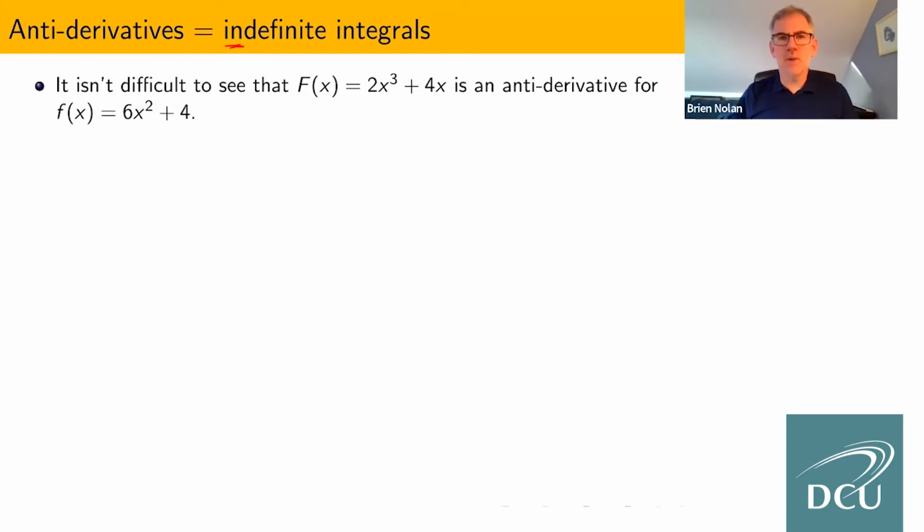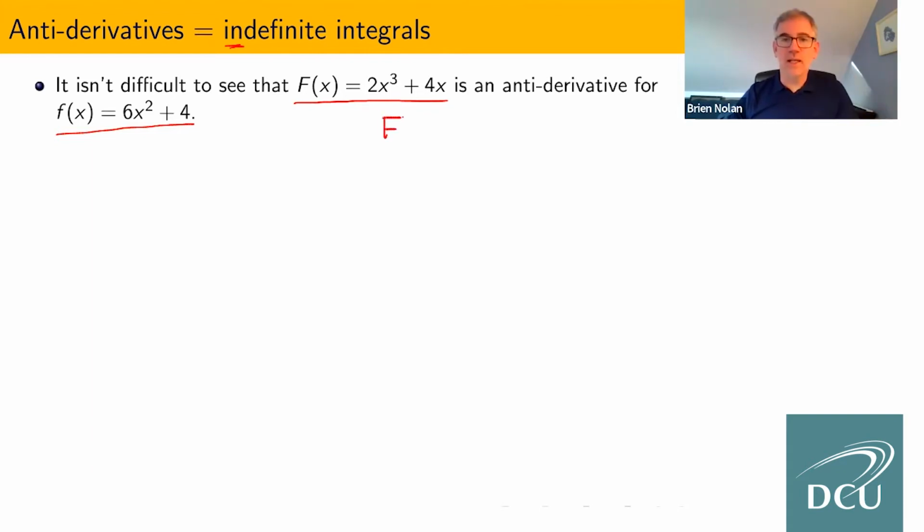We need to understand one very important aspect of antiderivatives. I know how to differentiate things, so I can see that this function capital F is an antiderivative for this function little f. You can check that easily enough.